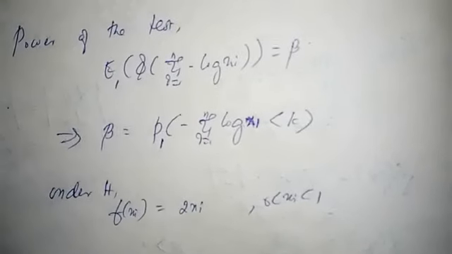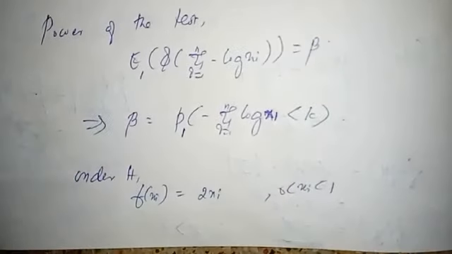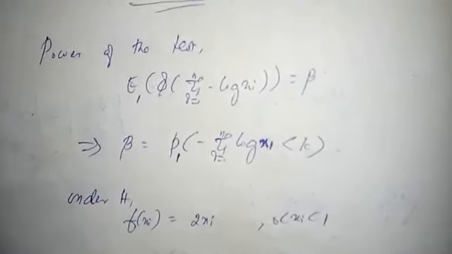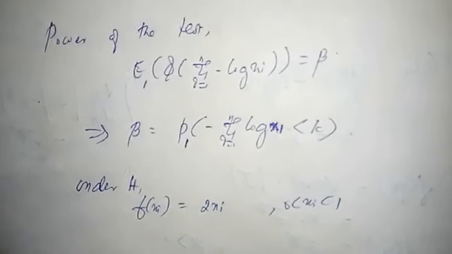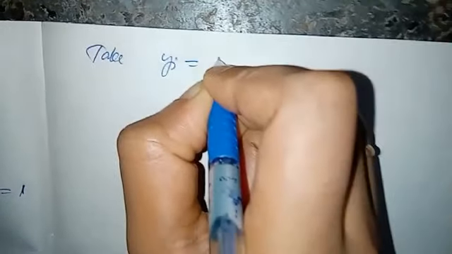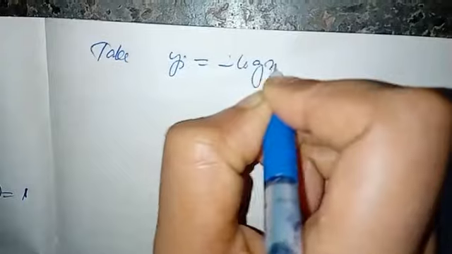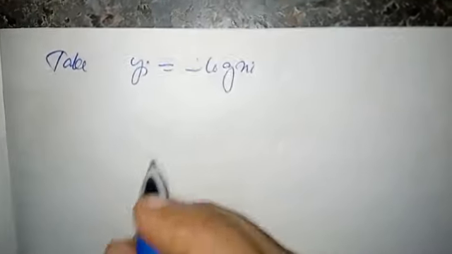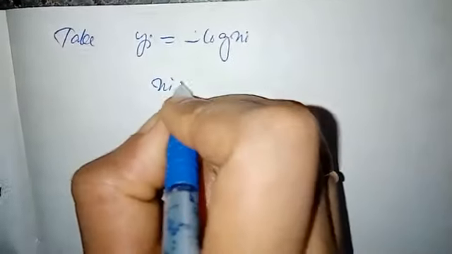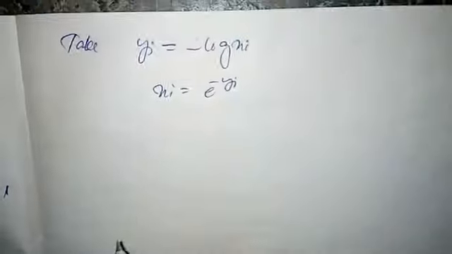Then we have to find the density of minus log xi under H1. Here also we take y equal to minus log xi. Then xi equals e power minus yi.